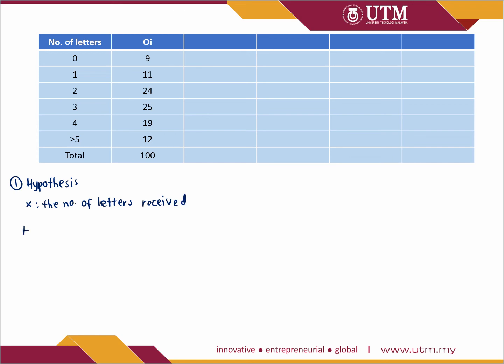Our assumption is that X follows a Poisson distribution with lambda equal to 2.7. The alternative hypothesis is that the number of letters received does not follow Poisson 2.7.